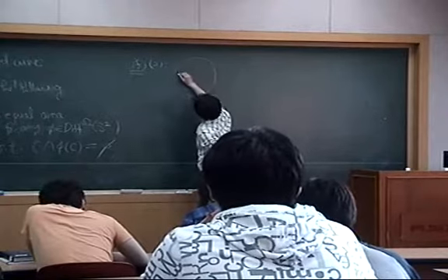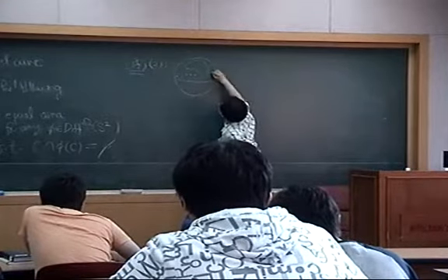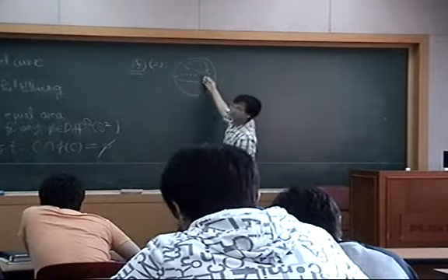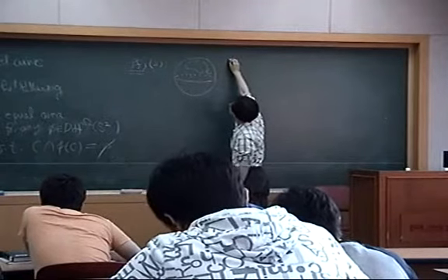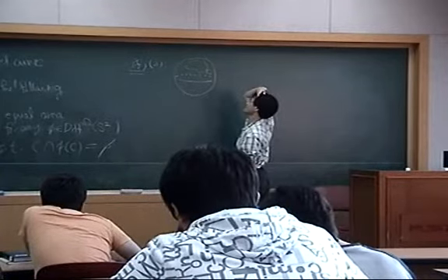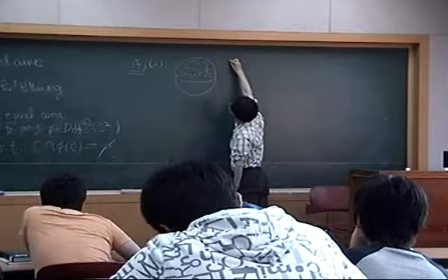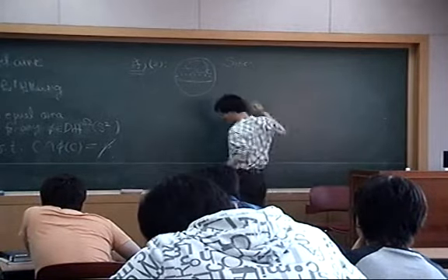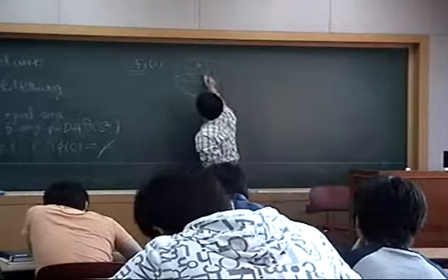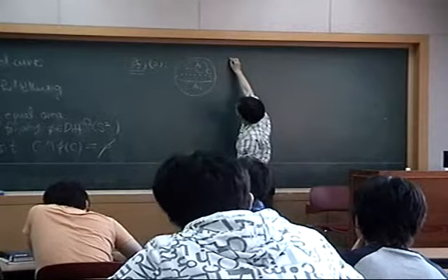So in this case, let's say here is C, and this is A1 and A2. Then clearly you can move it around, just by something like a rotation.